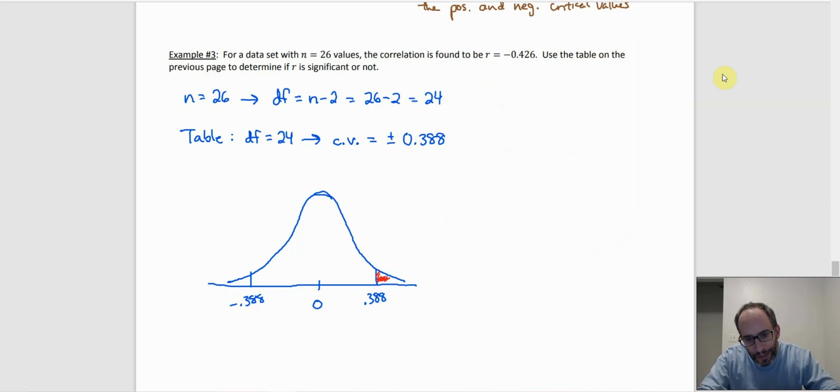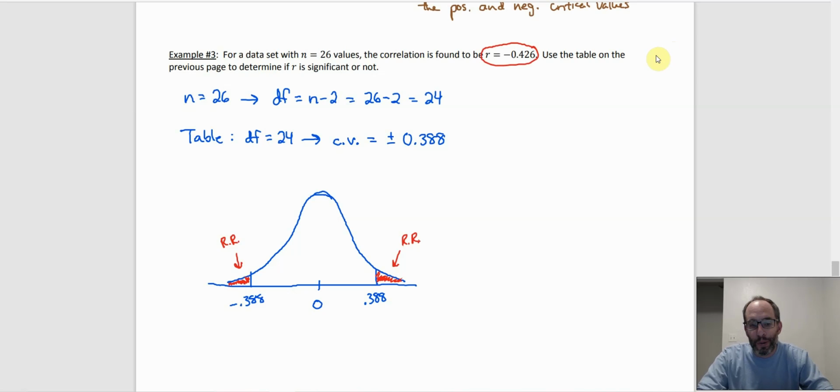All right, so then there's a rejection region, and there's a rejection region. Okay, then where is our test statistic? Where is our sample correlation?